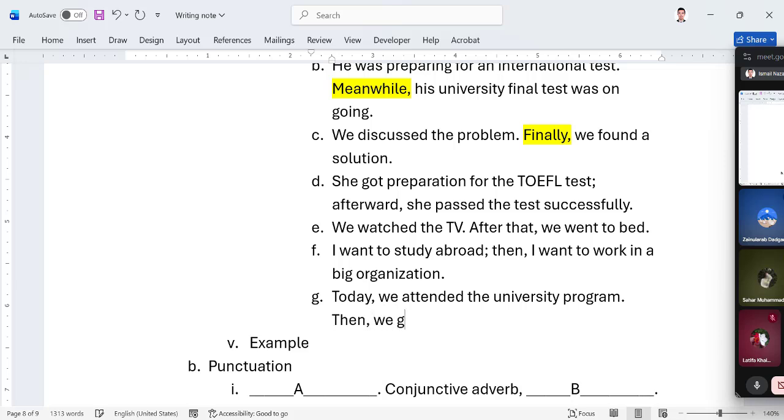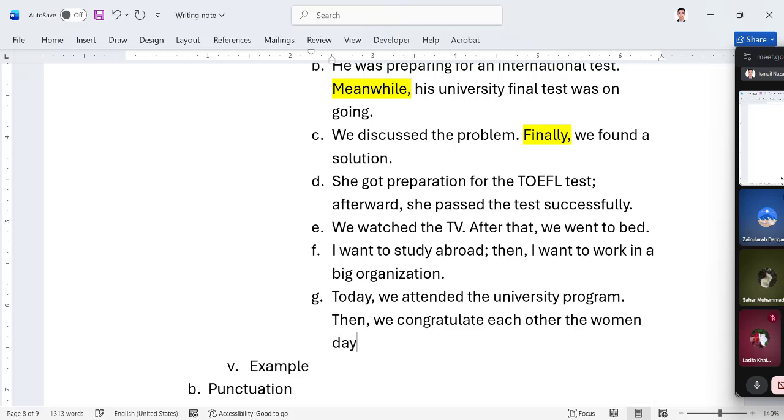Then we congratulate each other, the Women's Day, for example. How do you write congratulate? Yeah, this one. Okay. So one of them.